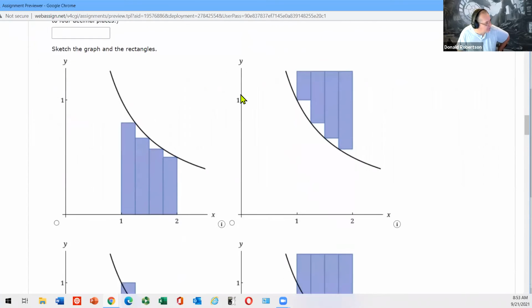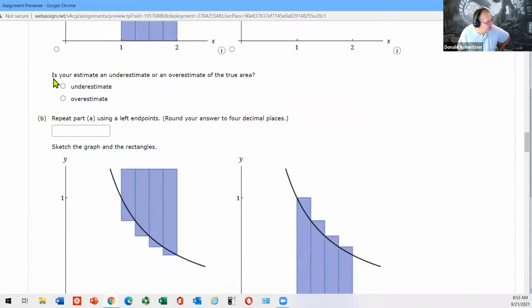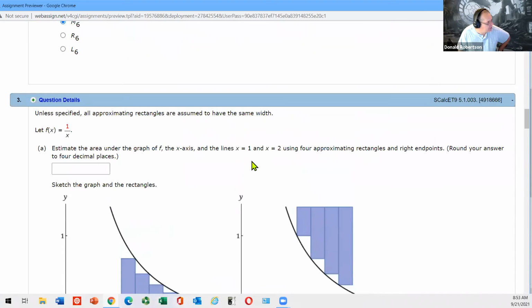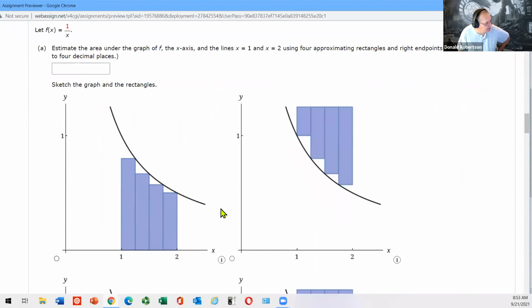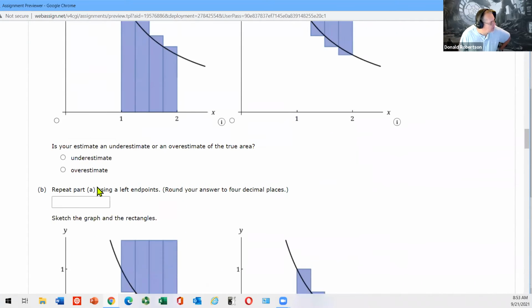This one would be very similar. And they give you some pictures and an over and an under. Well, we all know that 1 over x is a decreasing function, right? So if you're a decreasing function, won't the left-hand side be an overestimate and the right-hand side be an underestimate? And guess what? They're using the words I prefer.